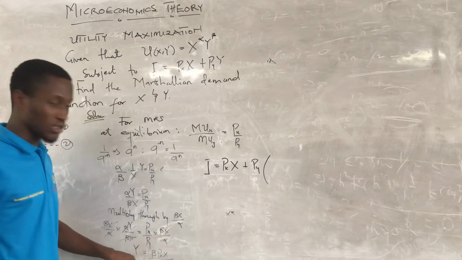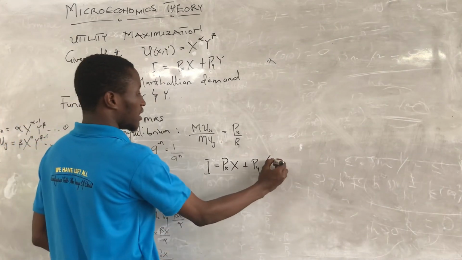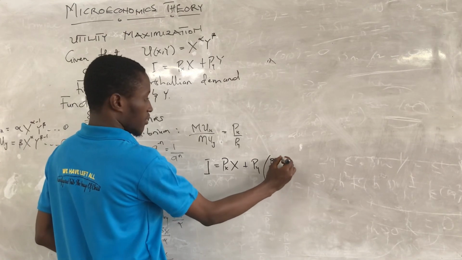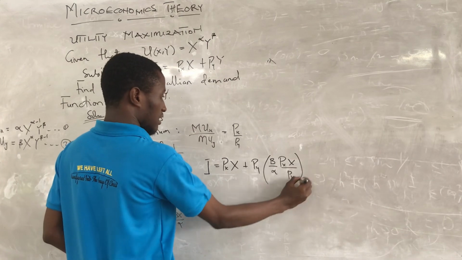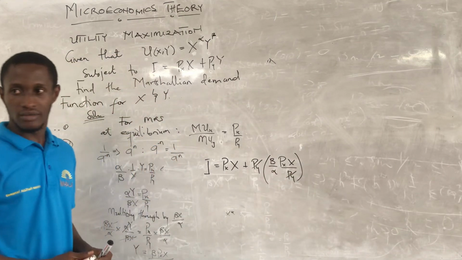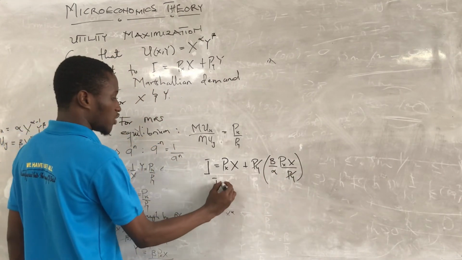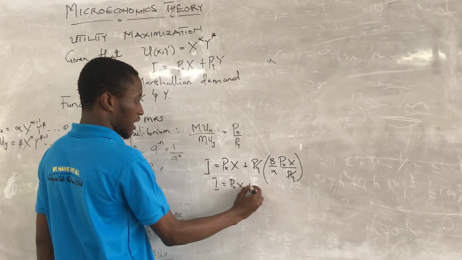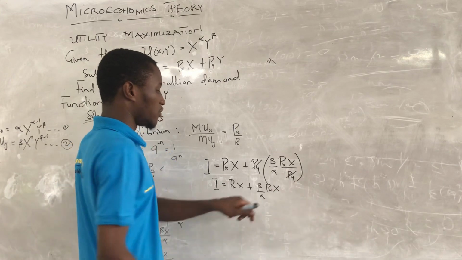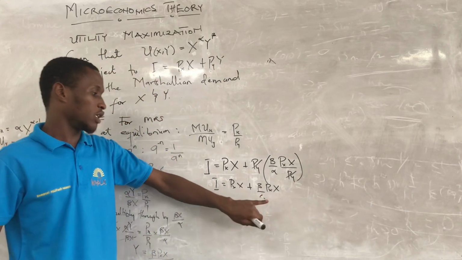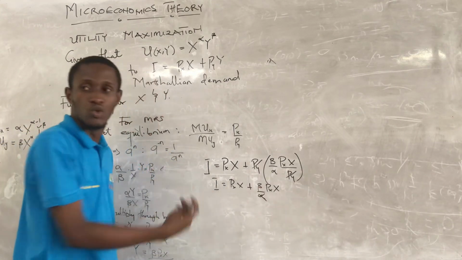In place of the y, I'll put the function there: beta over alpha Px x over Py. This Py will cancel this Py. Then I'll get I equal to Px x plus beta over alpha Px x. I want to get rid of the fraction here, so I will multiply the whole equation by alpha.